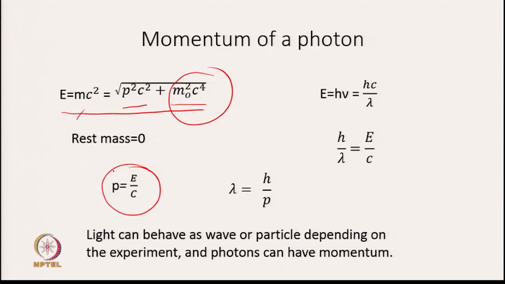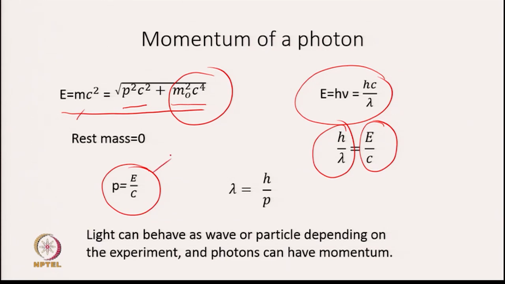Now, we know that E is equal to hc by lambda. What does this say is that if we calculate E by c, we will get h by lambda. And just now I showed you that p is equal to E by c. And since E by c is equal to h by lambda, lambda is equal to h by p, or p is equal to h by lambda.